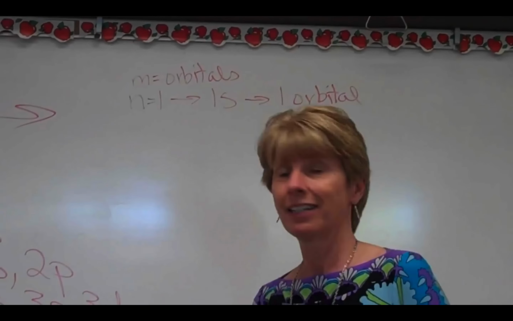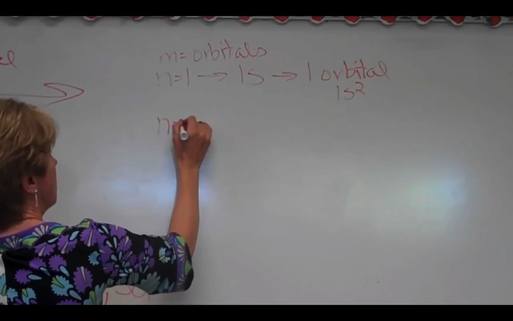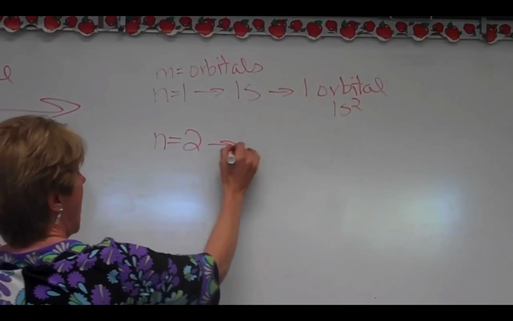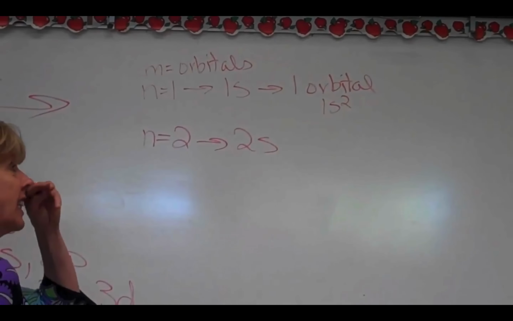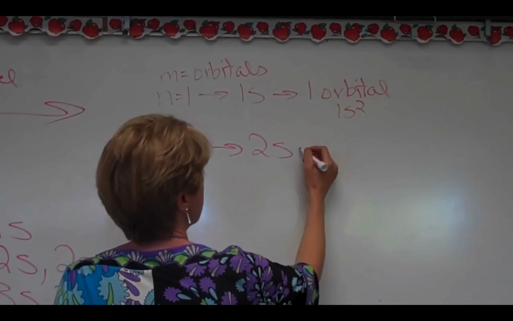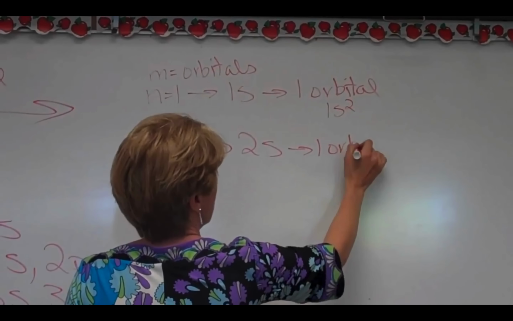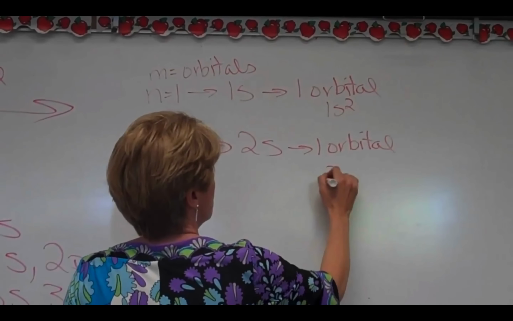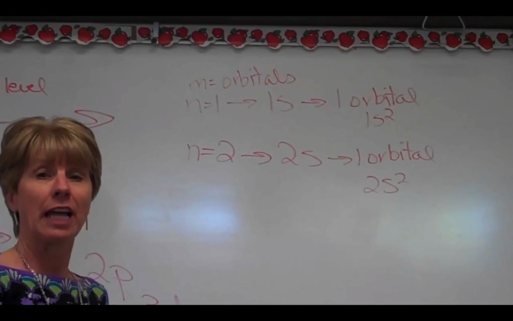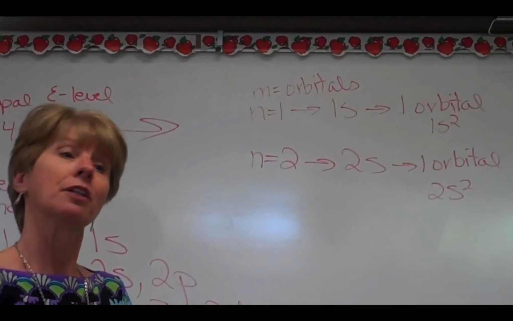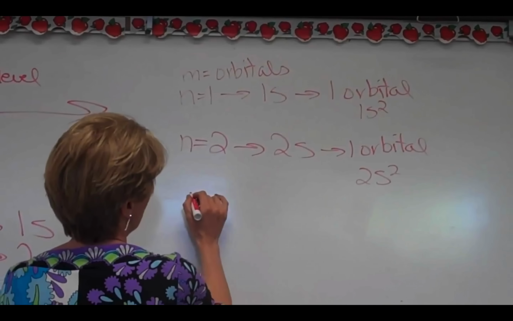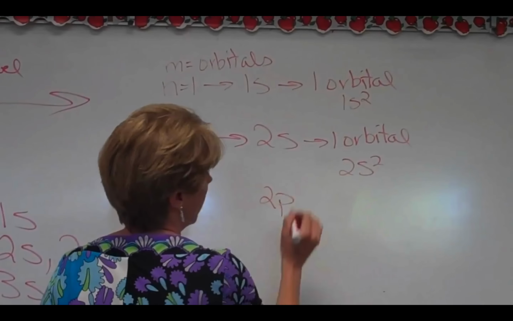Remember this? Okay, now let's go to n equals 2. You have 2s. Again, there's only one orbital in a 2s sublevel, one orbital. So you can have 2s2, because how many electrons go in an orbital? 2. Now, we have something called 2p.